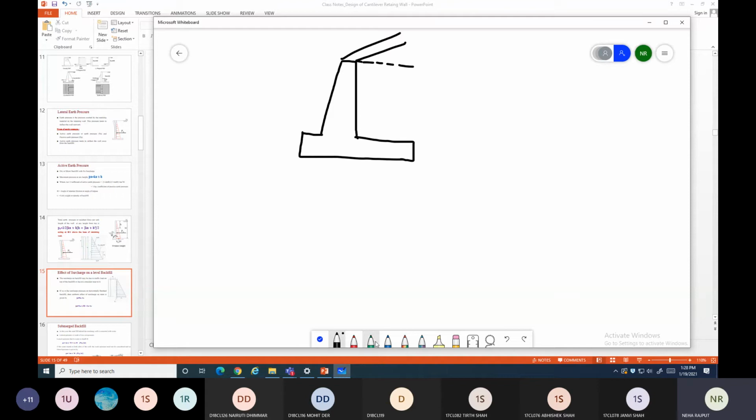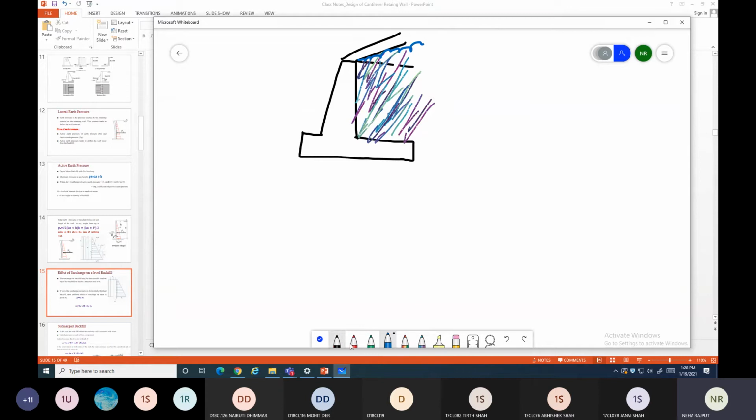Here will be the soil mass, and above that, additional loading is also acting throughout the length, and that additional loading is known as the surcharge.